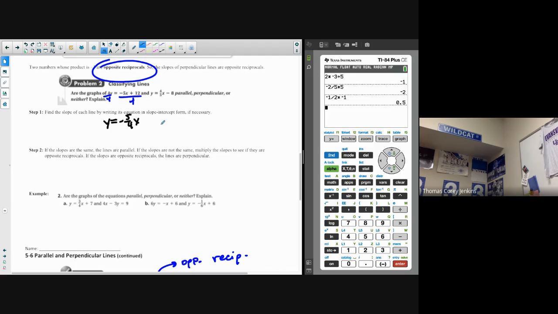And then I can compare them, okay? I'm just looking at their slopes, right? This slope is 4 over 5. This slope is -5 over 4. So that's opposite reciprocal. So we would just say that they are perpendicular.